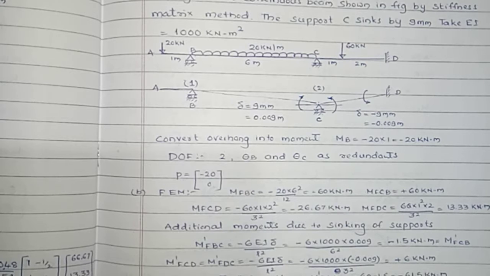Then, the next step is to find the fixed end moments. We have already removed the portion BA, that is the overhanged portion.